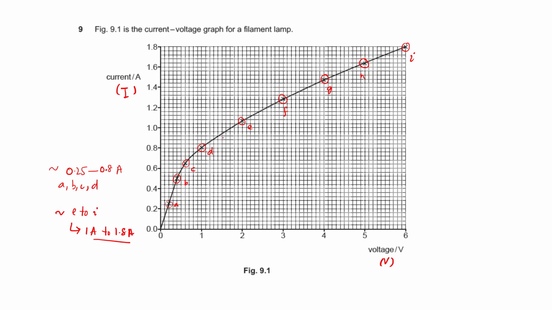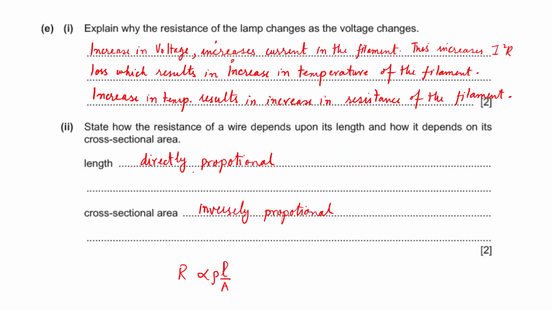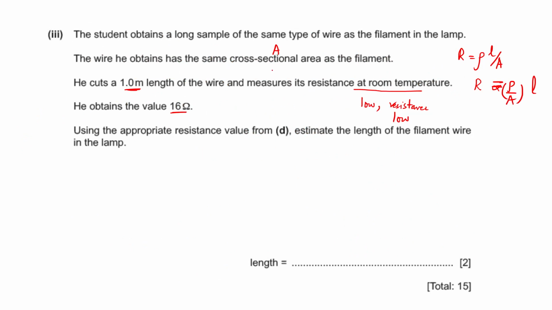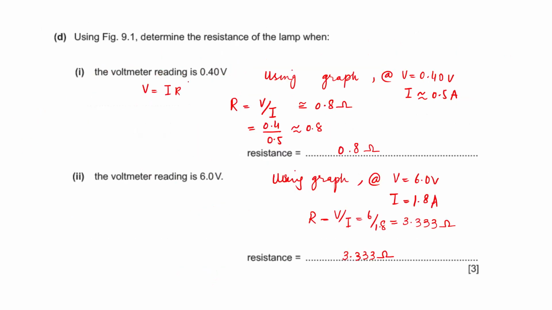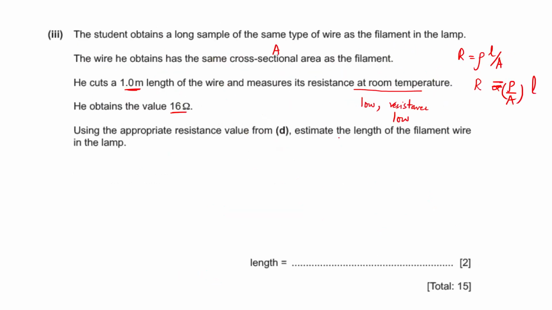So it's good practice to use a lower value of resistance. So what is this question saying? The value of resistance from part D. So we have to use this. The lower value of resistance is 0.8. So we'll be using this value, D1, that is resistance equals 0.8 ohms.